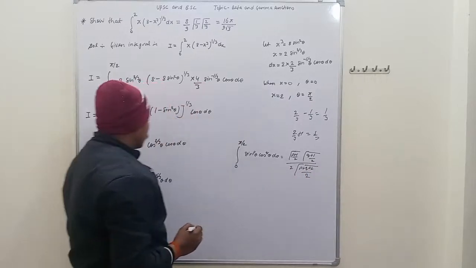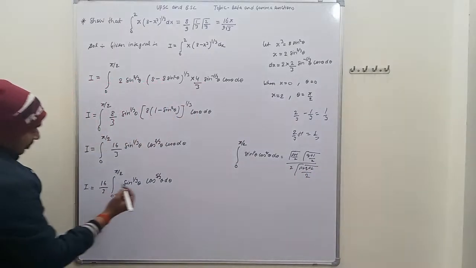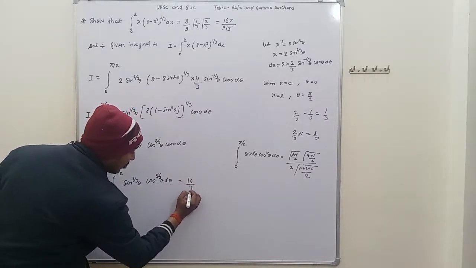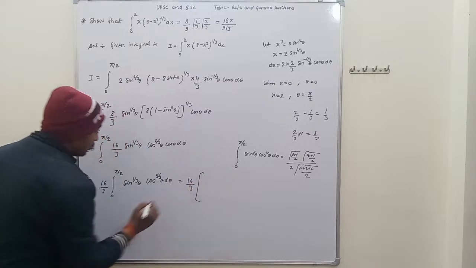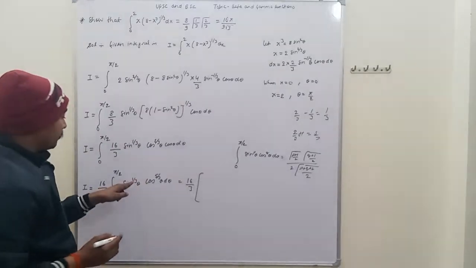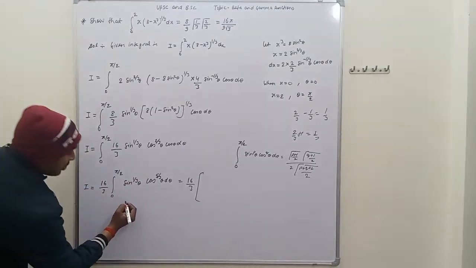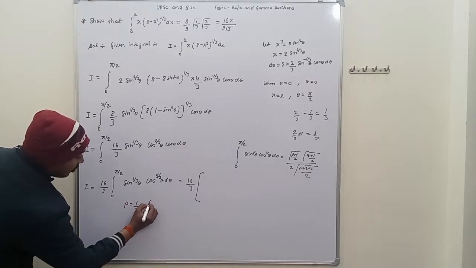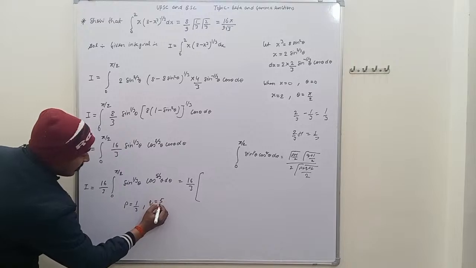So we use this formula here. This is 16 upon 3, and here p is equal to 1 by 3 and q is equal to 5 by 3.